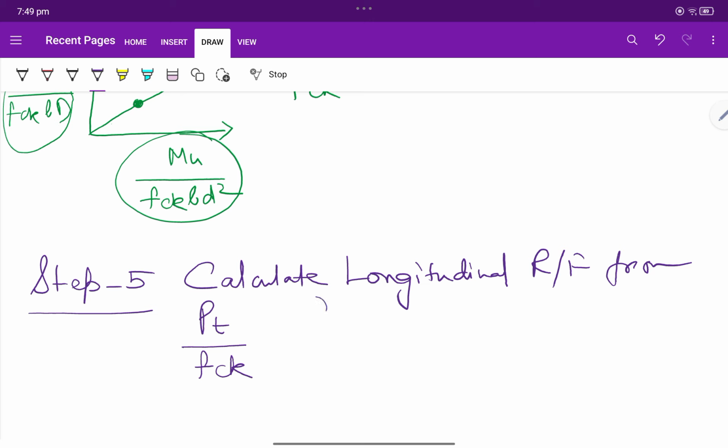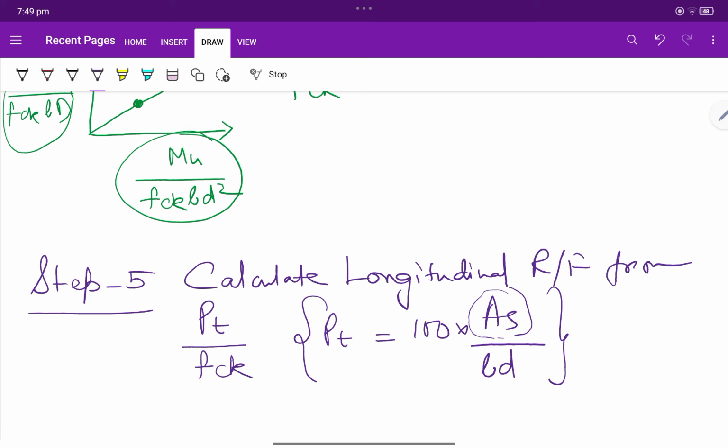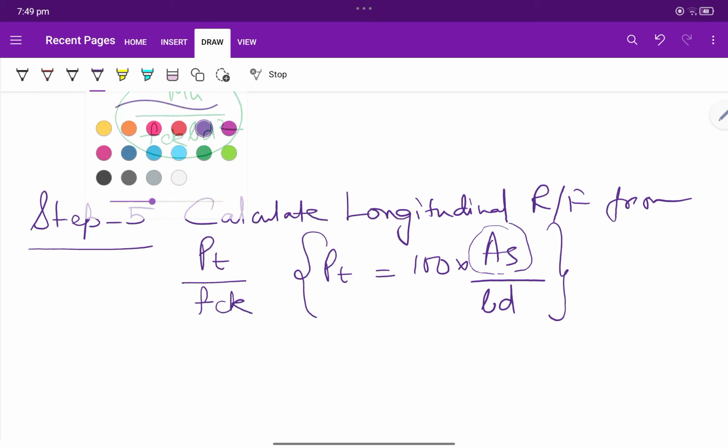So we all know that pt is equal to 100 into area of steel divided by b into d. So this is the pt formula. We will put it there and find out the As, the area of longitudinal steel required.